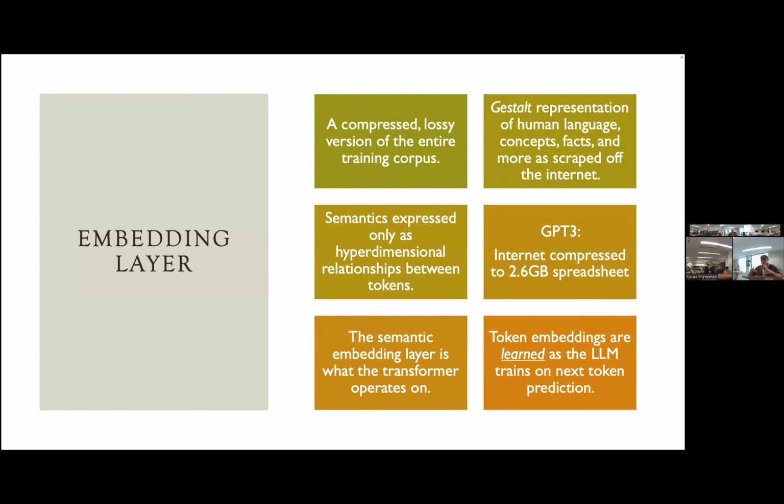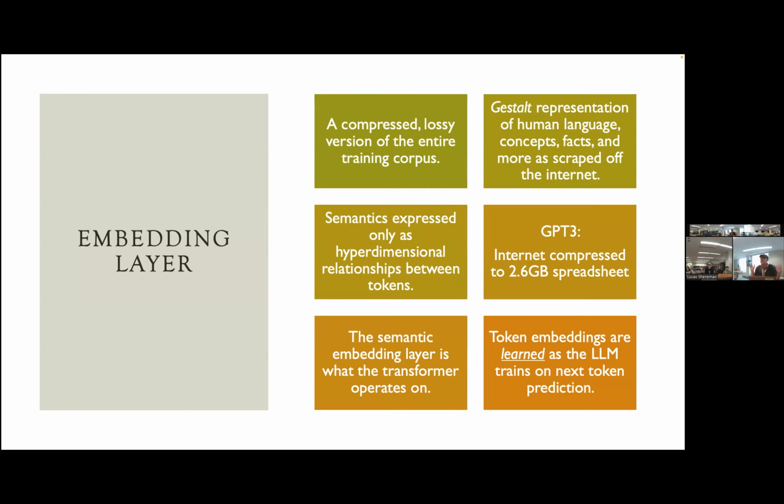All these transformers, like GPT, use this embedding layer, and really it's a compressed, lossy version of the entire training corpus, right? It's a kind of gestalt representation of all of human language, concepts, facts, and everything that's been scraped off the internet. This embedding layer for GPT-3 is only about 2.6 gigs.